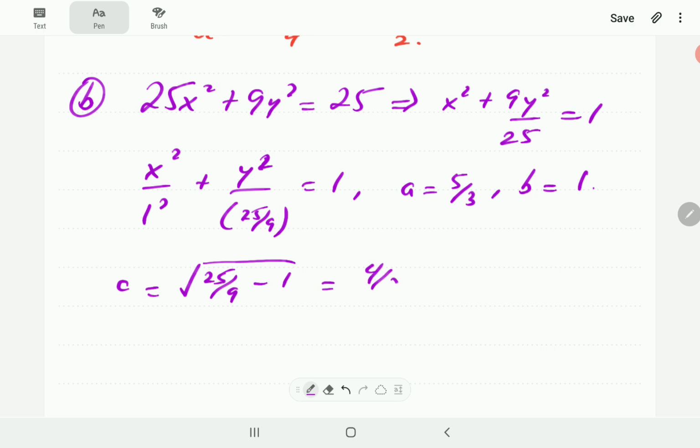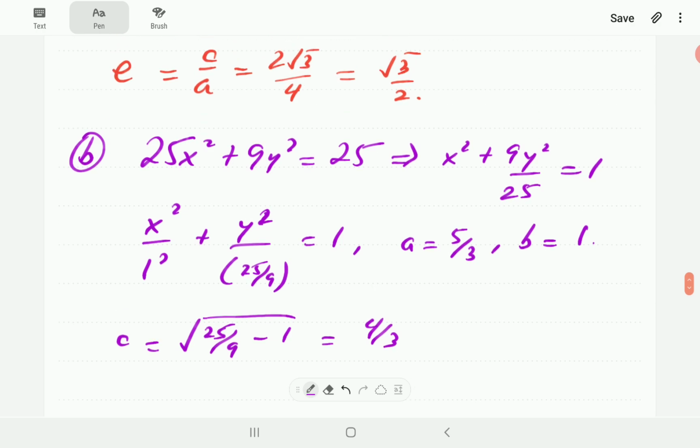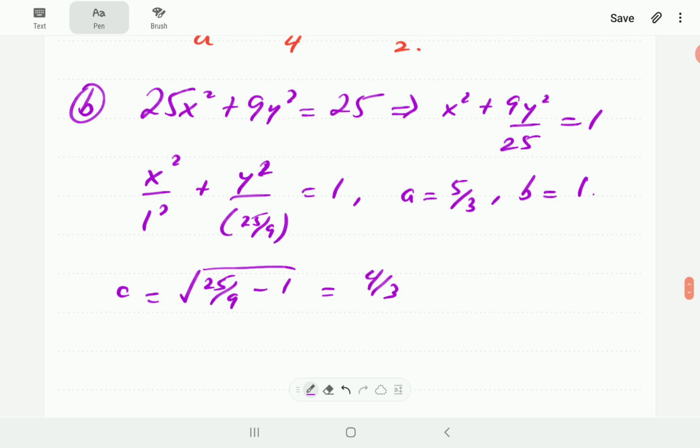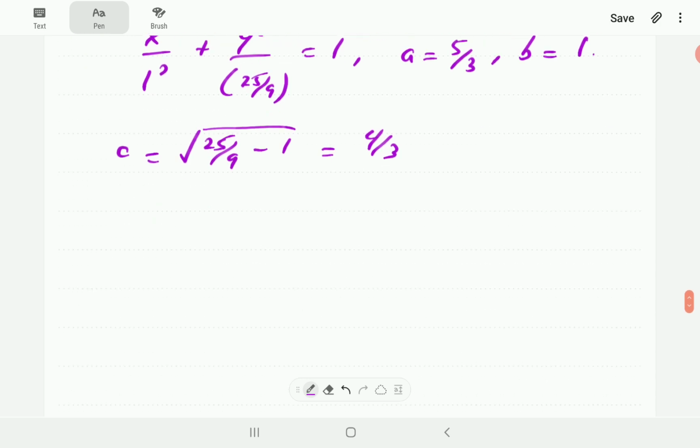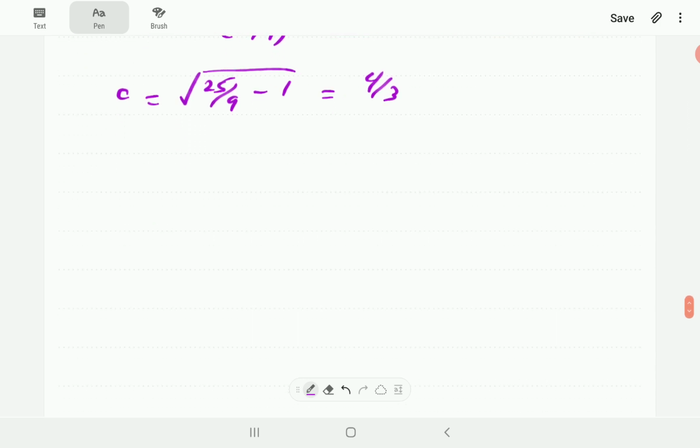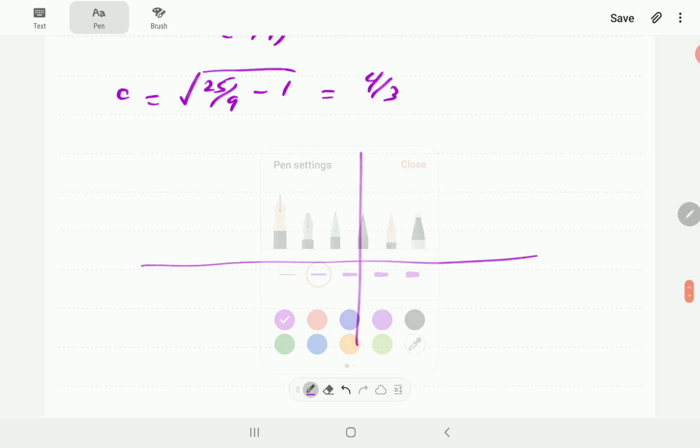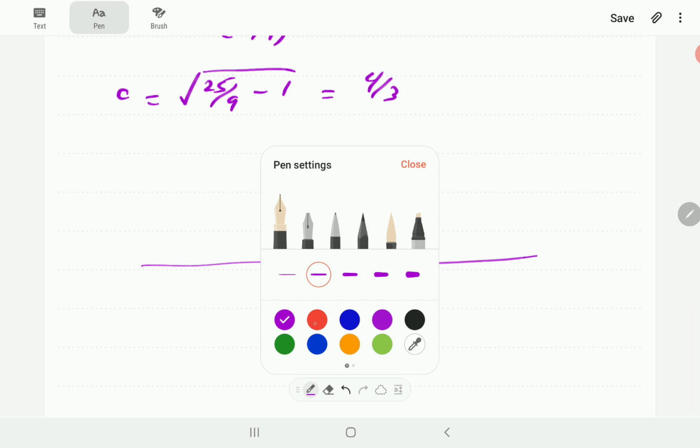So it's going to be 4 over 3. So that's going to be c. Now the center is going to be at the origin, but because the a squared is dividing the y, the major axis is going to be vertical.